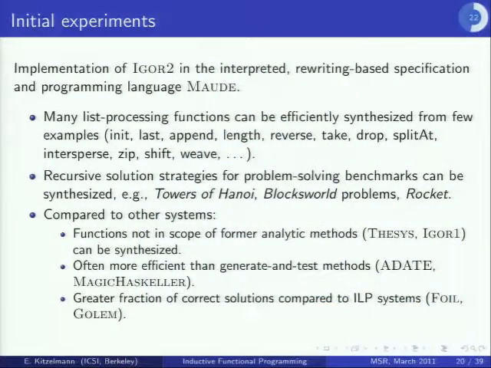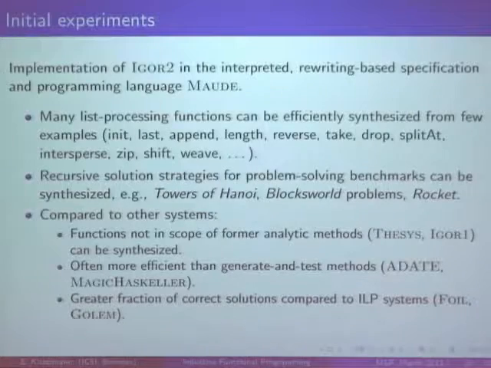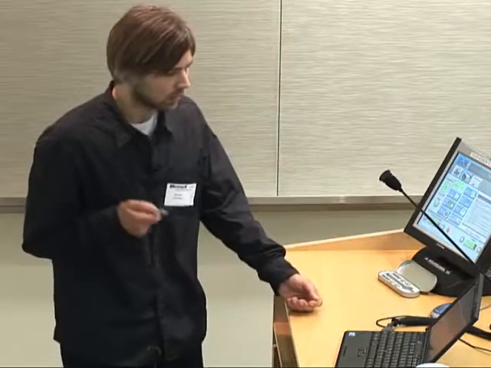Okay, so we have done some experiments with a prototypical implementation of IGOR2 in the Maude language. We first tested a couple of list processing functions as defined in standard libraries of Haskell or ML.